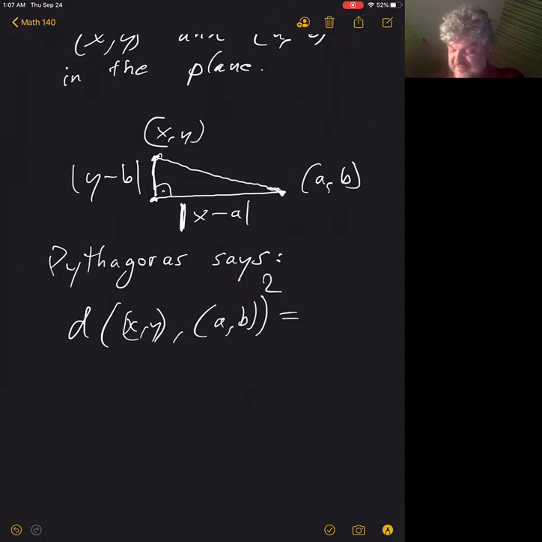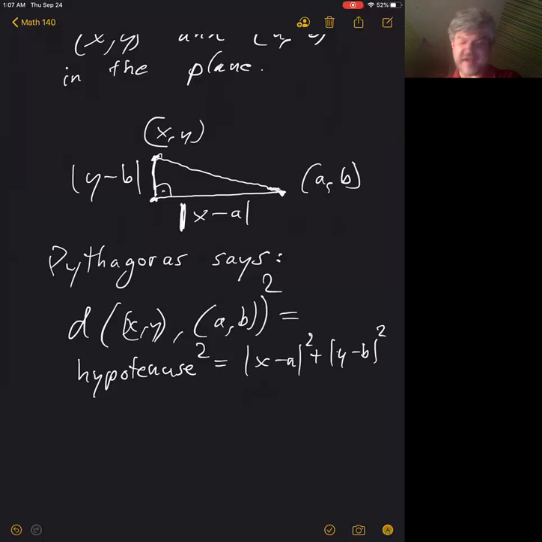If you square it, then that is equal to x minus a squared plus y minus b squared. I did write absolute values here, but of course when you square them, we don't really need that absolute value anymore. We can just write parentheses.